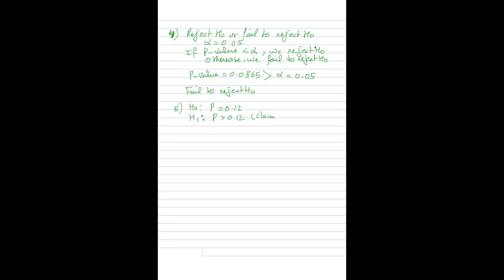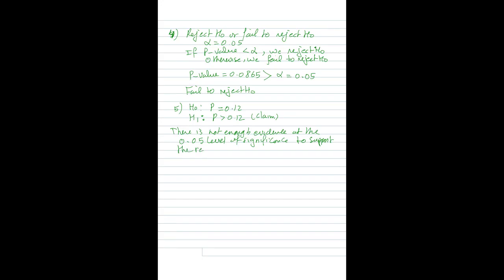Number 5, you have to write the conclusion in the context of the claim. Can you support the researcher's claim or not? Let me write H0 and H1 one more time. P is 0.12. P is greater than 0.12. Okay, this is the claim. Let's use some logic here. We cannot reject the first one, and the claim is in the second hypothesis. Can we support it? Well, the answer is no, because I cannot reject the first one. If I were able to reject H0, then I can easily support the claim, but that's not the case.